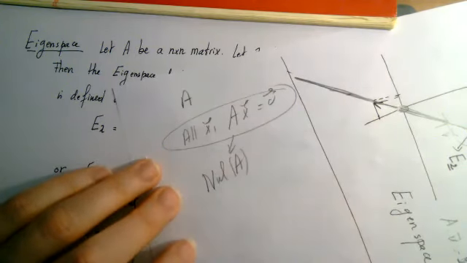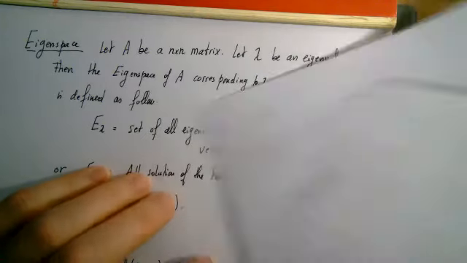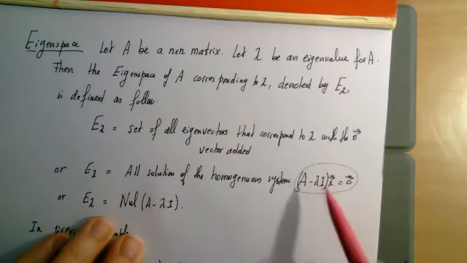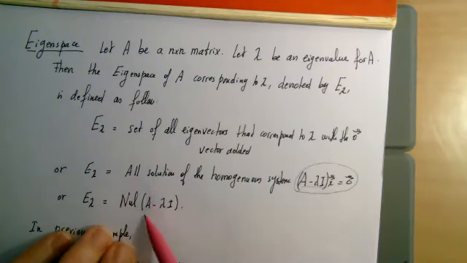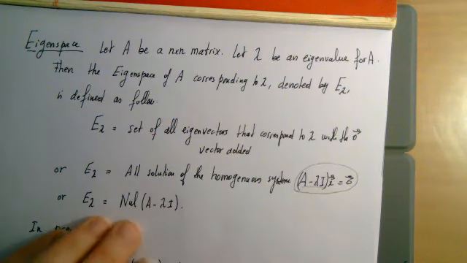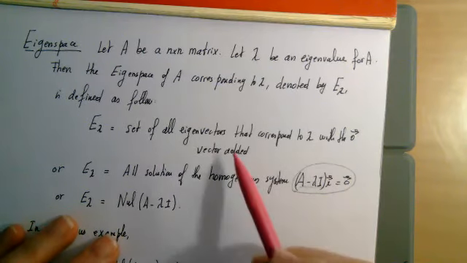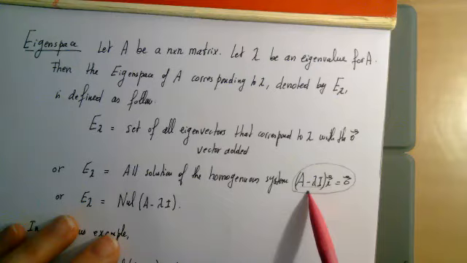And we found a basis for the null space. And that's exactly the same. So now instead of A, I have A minus lambda I. So E lambda will be the null space of A minus lambda I. That's what E lambda really is. So it's basically all the eigenvectors with the zero vector added, but the eigenvectors are obtained by solving this system.